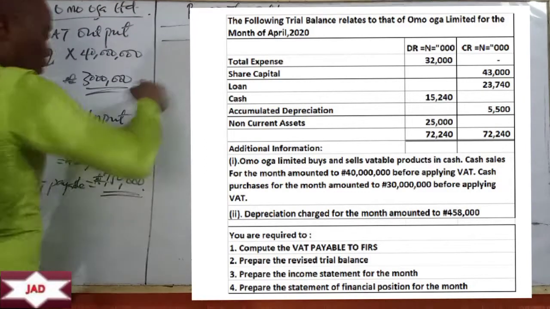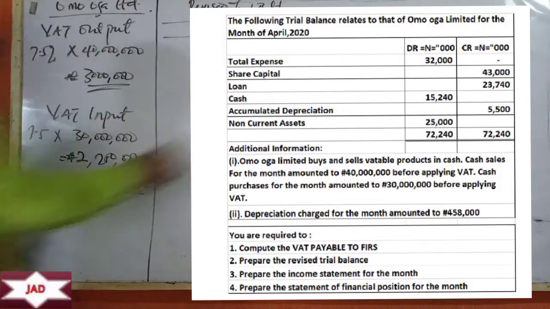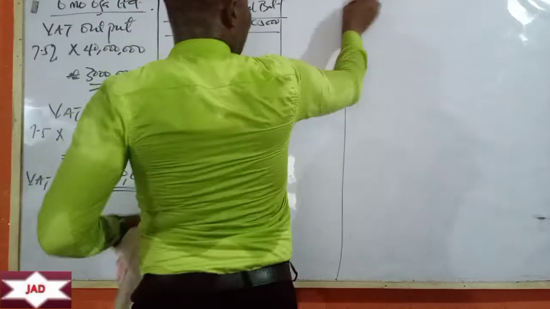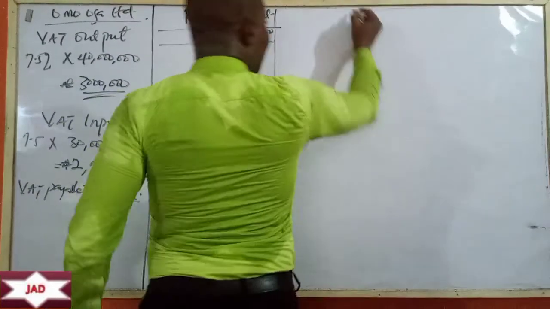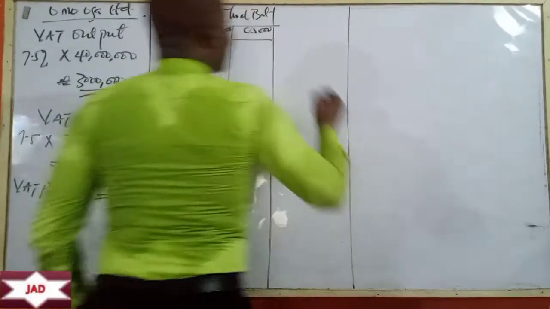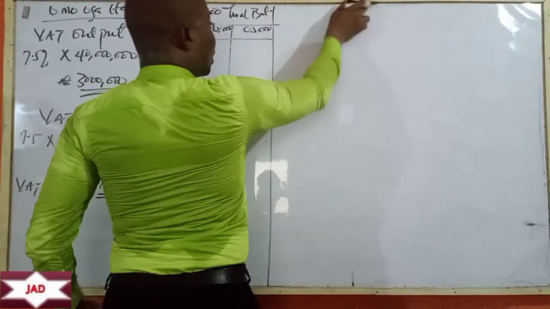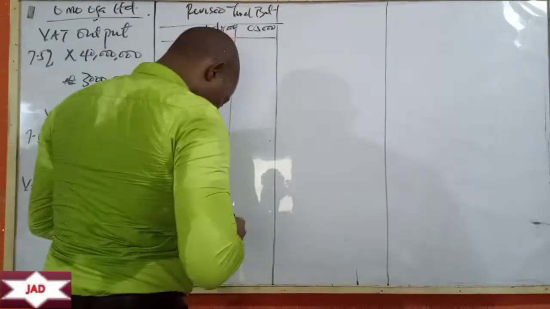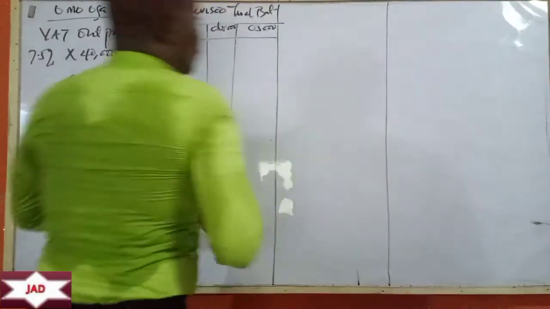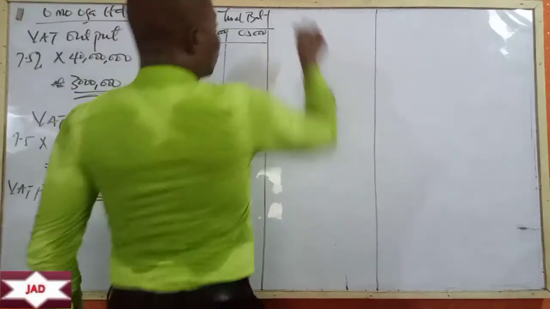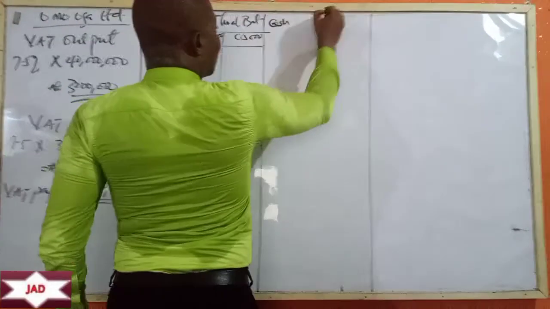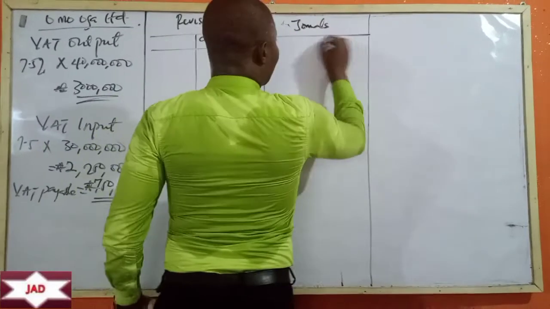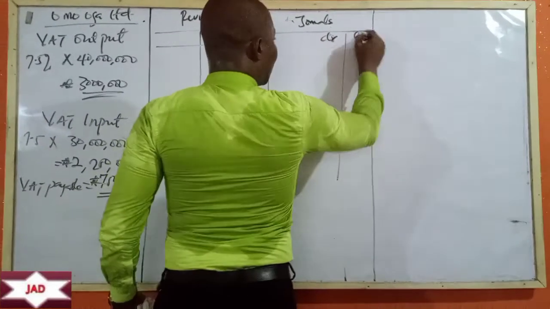But before then, you should be able to raise your journals. What are the journals in this question? Of course, you make sales, cash sales. Let's call it journals. So you have debit, you have credit.